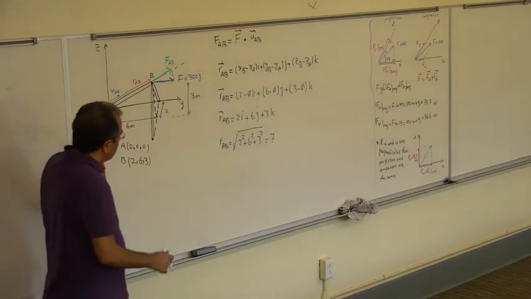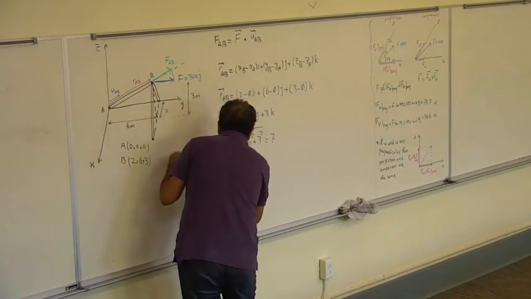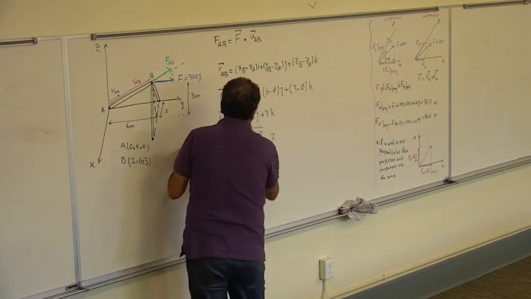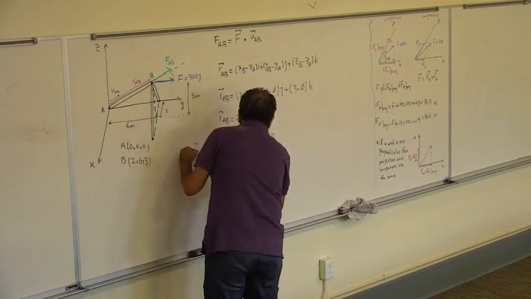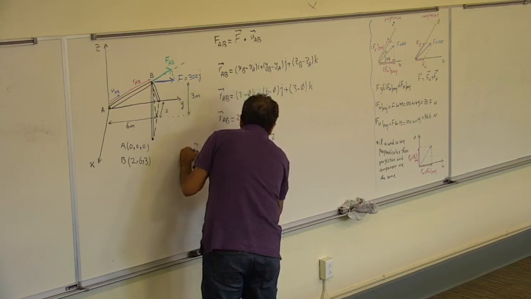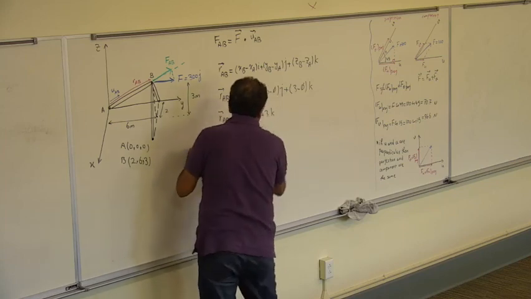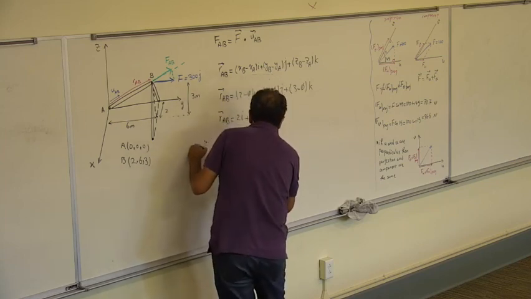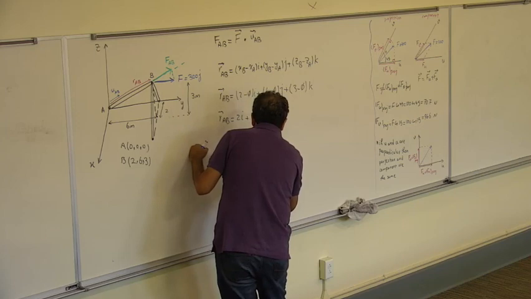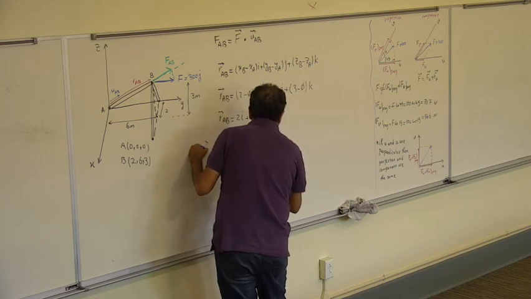So the unit vector, the UAB, is going to be RAB divided by the magnitude of RAB, which is 2I plus 6J plus 3K divided by 7.